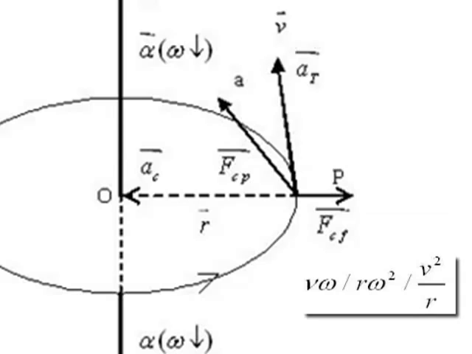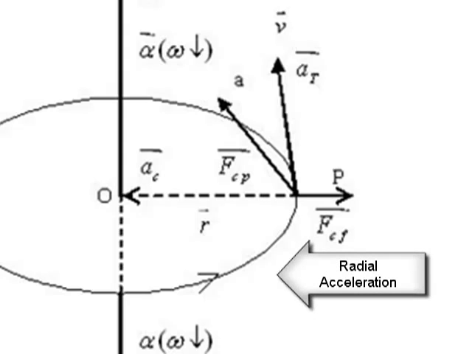Its value is V omega or R omega square or V square upon R. This acceleration is always directed towards the center, and that's why it is known as centripetal acceleration. It is always along the radius, and that's why it is also called radial acceleration.